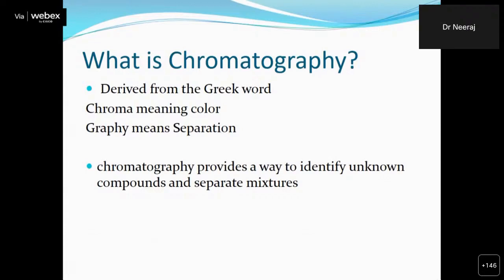There might be differences in size, and the affinity to particular receptors also differs. So we can identify the unknown compound and then separate it out by the chromatography procedure.